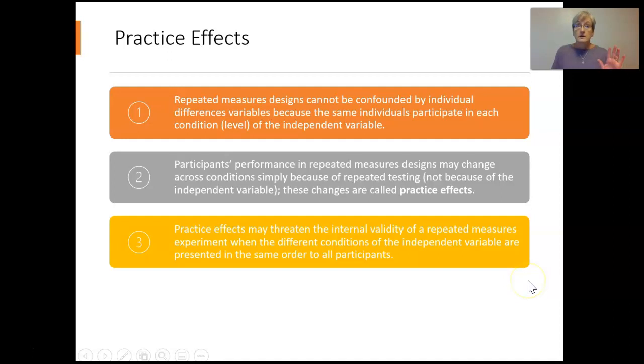So by doing that, what we were able to do was control for practice effects. We had to make a comparison of the two groups to make sure that there weren't between groups differences that were due to order, and what we were able to determine at the end of the day was the two groups didn't differ. So then we were able to collapse across the two groups and run our repeated measures analyses.